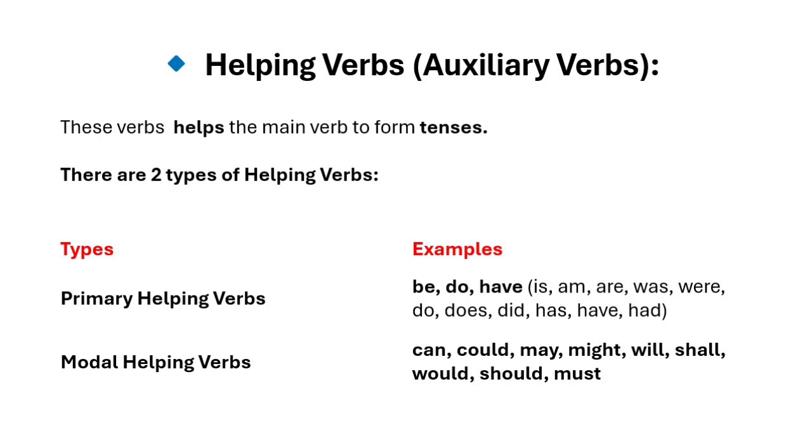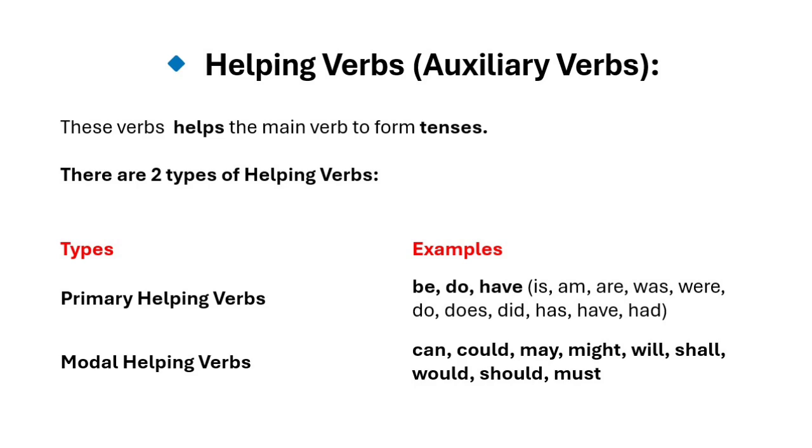There are be forms, do forms and have forms. If you want to study this in depth, you can check out my verb lecture. And in modal helping verbs, there are can, could, may, might, will, shall, would, should, must. These all are included in modal helping verbs. So this is all about helping verbs.